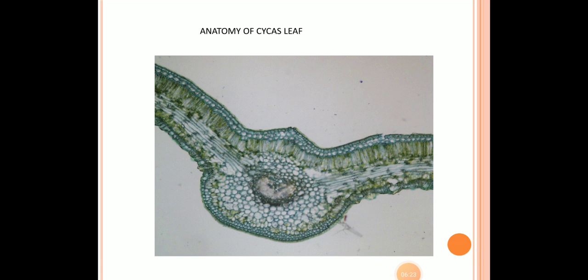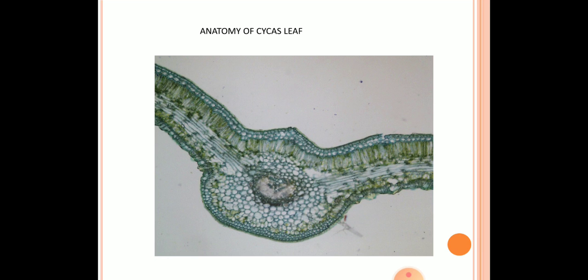So this is the classification and general characteristics of Cycadales, and the morphological characters of the root, stem, and leaf. Roots are of two types, the normal and the coralloid root. The stem is erect, cylindrical, and branched, consisting of leaf bases. The leaves are of two types, the scaly leaves and the foliage leaves.